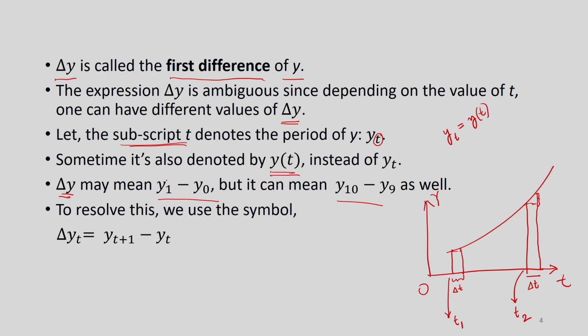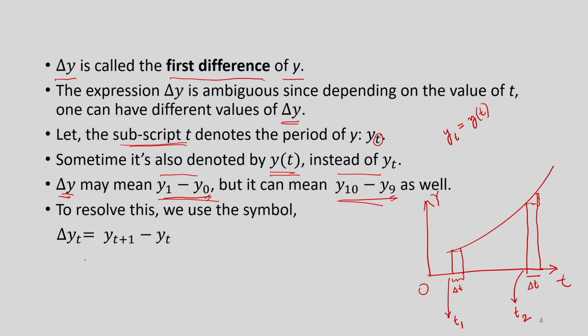But as you can see, how much the y variable is changing might be quite different depending on what original t or the reference t we are considering. Here the reference t was 0, here the reference t is 9. So, as you can see in the picture that I have drawn, depending on whether t is 9 or t is 0, these values might be quite different.